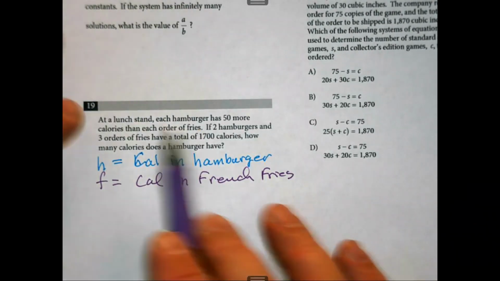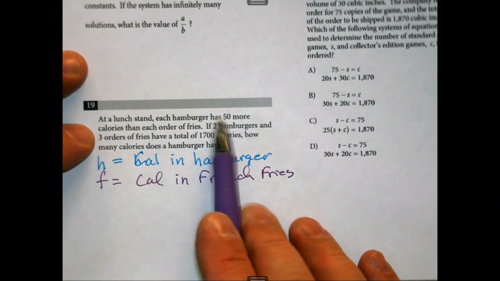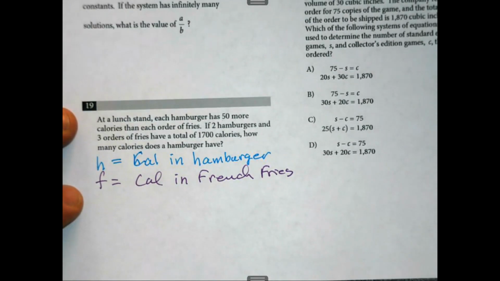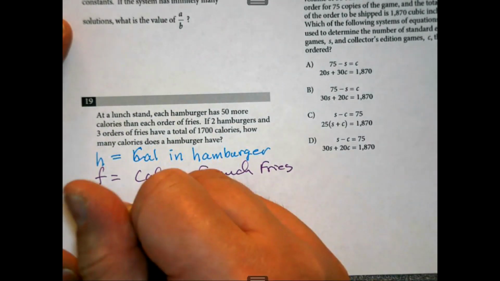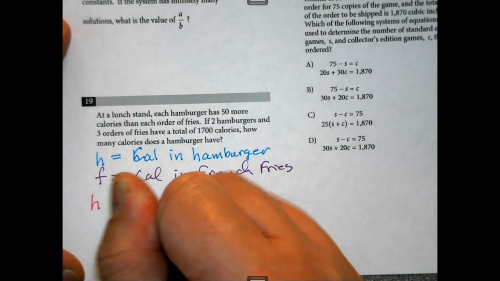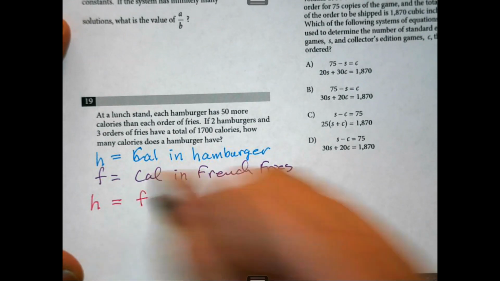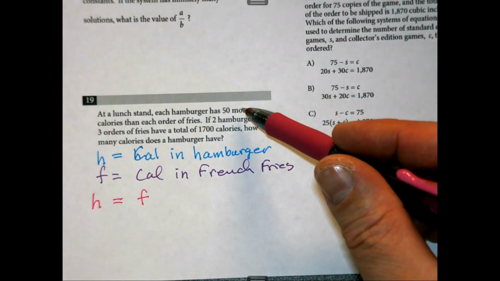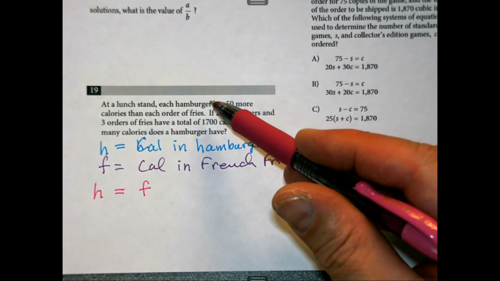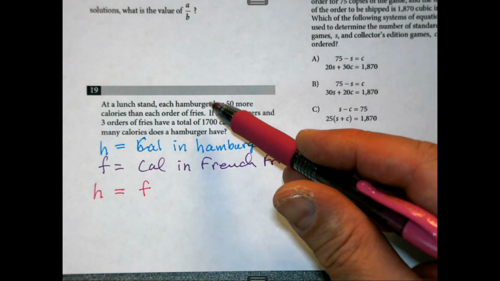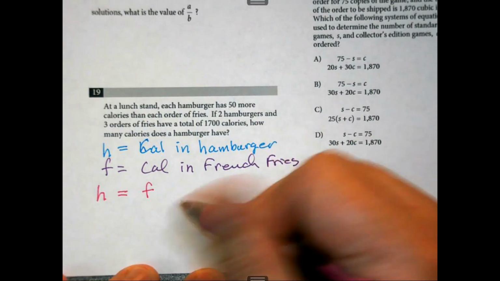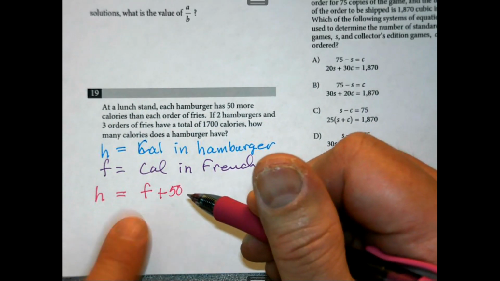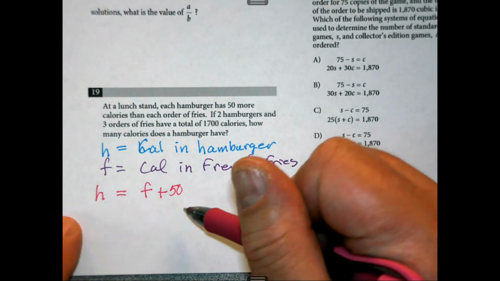Okay, so each hamburger has 50 more calories than an order of fries. If I wanted to make hamburger calories equal French fry calories, what would I have to do to make these equal? There's 50 more in a hamburger, so I would have to add 50 to the French fries to make them equal, right?